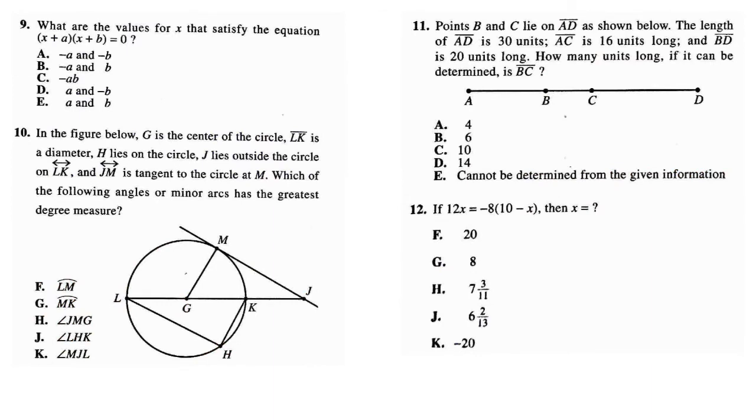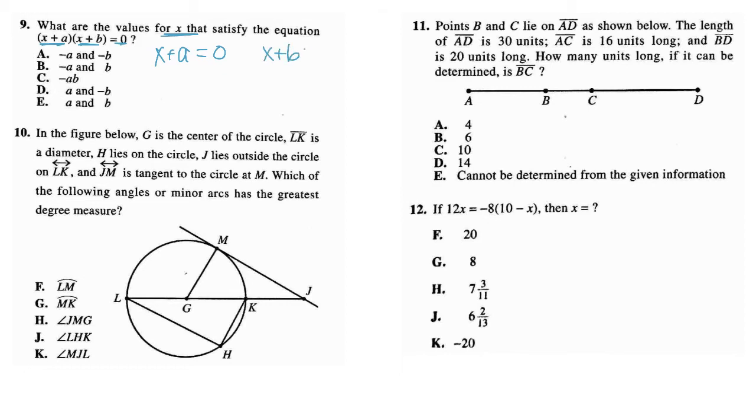Okay, so for number 9, what are the values for x that satisfy the equation x plus a times x plus b equals 0? Notice we're looking for the values of x, and if we have two things multiplied together and their product is 0, then one of the two things had to be equal to 0.